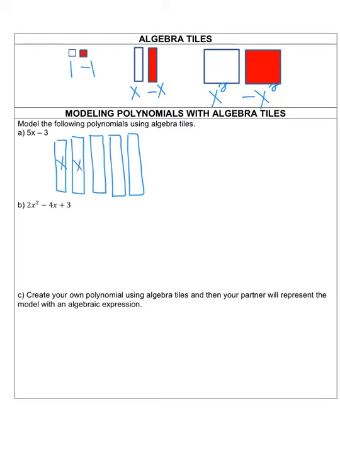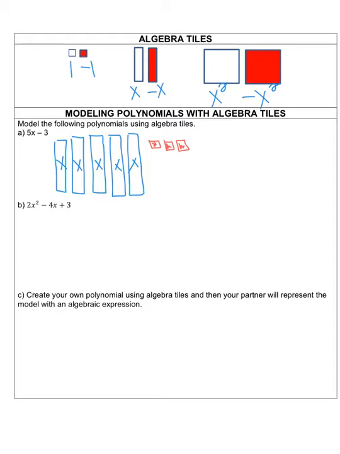And you can put a little x in here if you want to. And then I have 3 -1's. So I need 3 of these little -1's. Alright, so this is an example of what 5x minus 3 would actually look like.